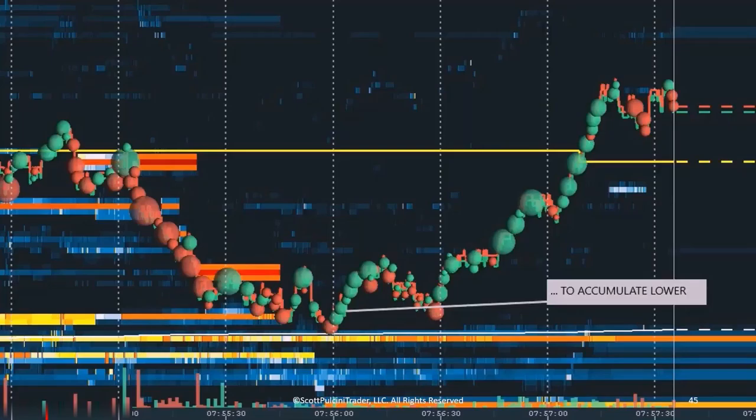So why are the spoof orders there? This is important to understand, because think about it: if you are a large player and you want to buy lower, you can't just place a large buy, because you will probably skew the auction on the other side, and maybe you won't even get filled.